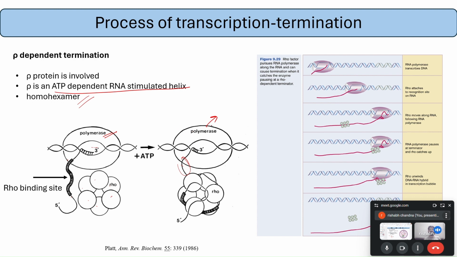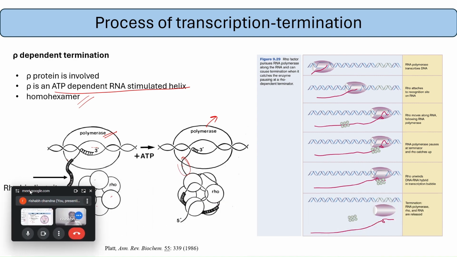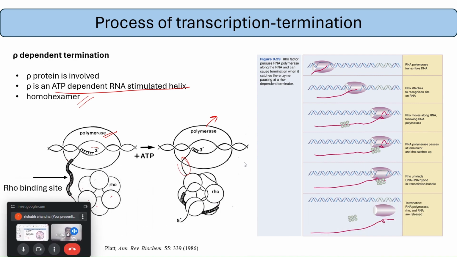So this is how the rho dependent termination works. This is more clearly understood in this diagram. We have a rho binding site here. This is the elongation process that happens, and here the rho protein that you can see is a homohexamer.